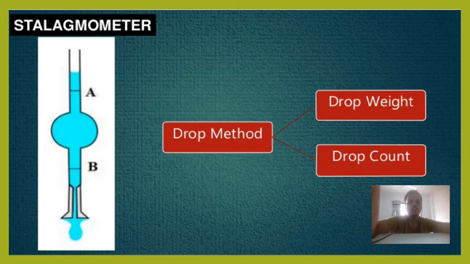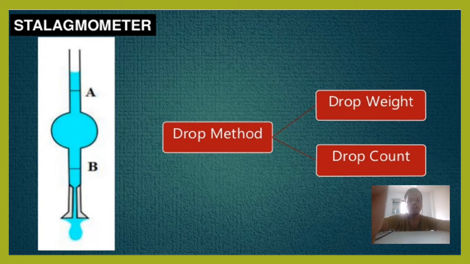Now this is the diagram of the stalagmometer, and this method can be performed by drop weight and drop count. First of all, you have to take a liquid. For example, say you are taking water as an inorganic solvent, and then benzene as an organic solvent.